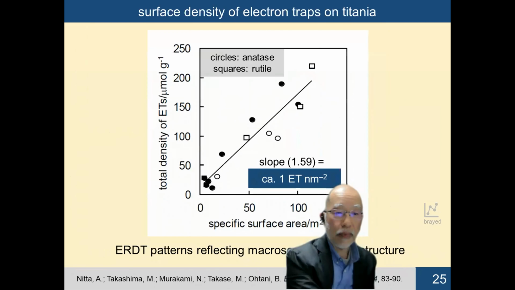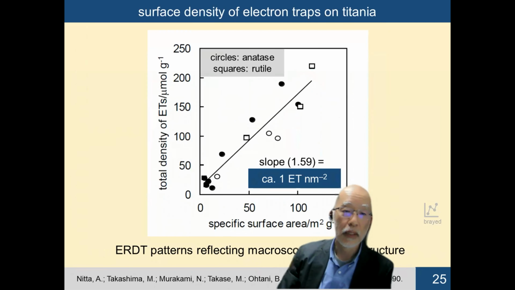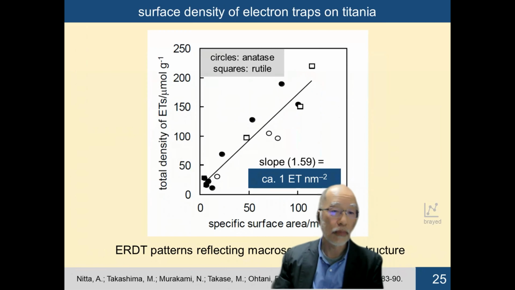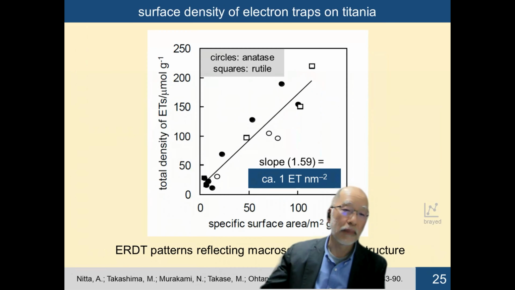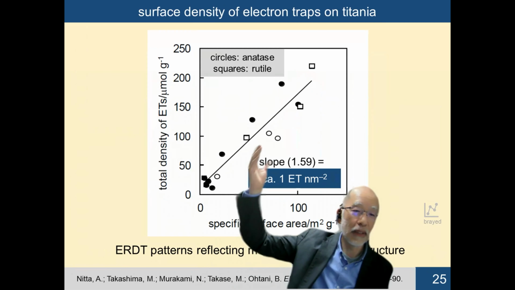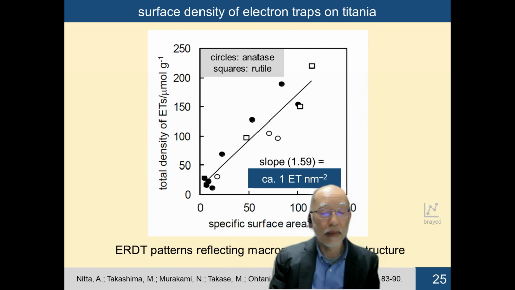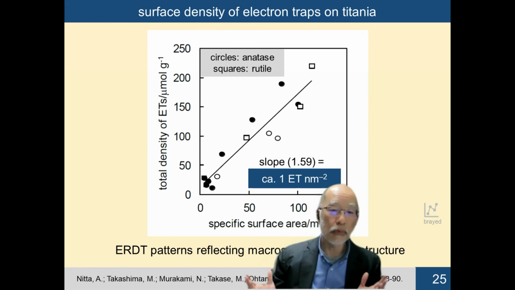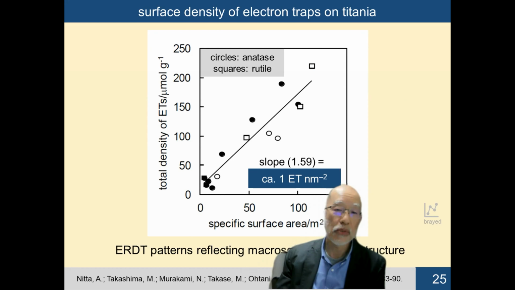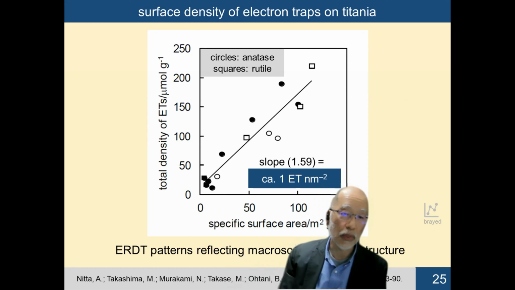Interestingly, when the total density of electron traps is plotted against the specific surface area, a not so good, but not so bad linear relation was obtained. That tells us that the electron traps measured in this experiment are located mainly on the surface. Such electron traps are not point defects, and are probably distributed in the surface reconstruction structure.